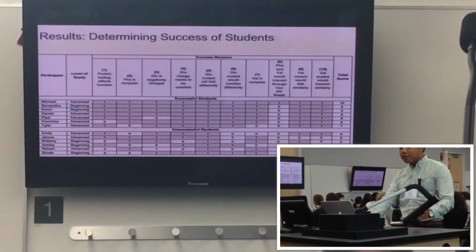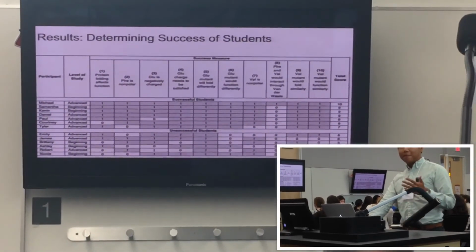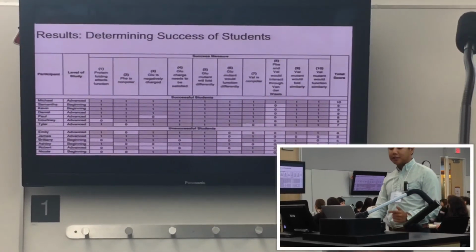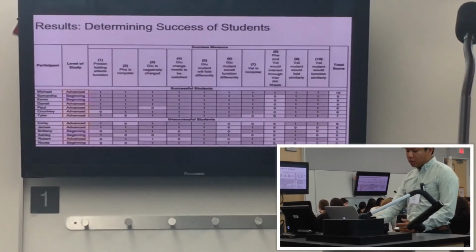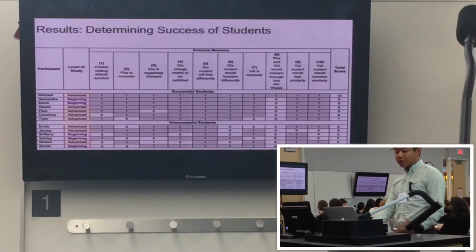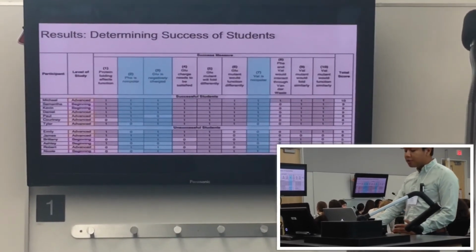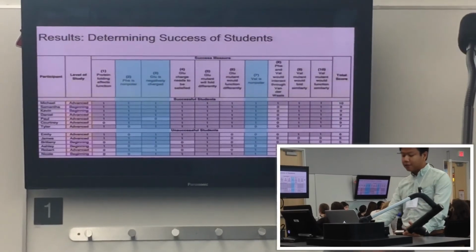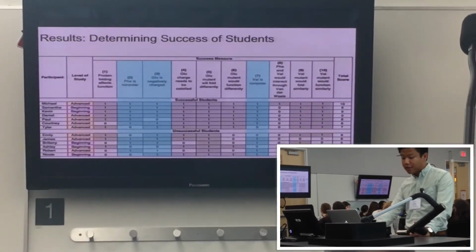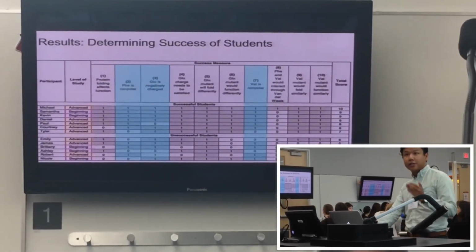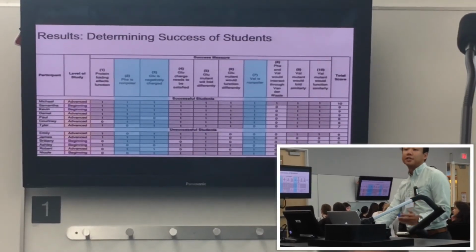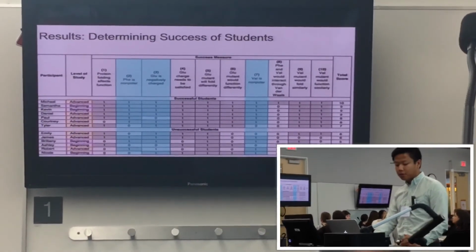So, using this criteria, we began to see patterns between successful and unsuccessful students. We found that successful and unsuccessful students were found at both levels here. Most students, successful and unsuccessful, did a reasonable job categorizing amino acids. And this is the phenylalanine is nonpolar, glutamate is negatively charged, and valine is nonpolar.